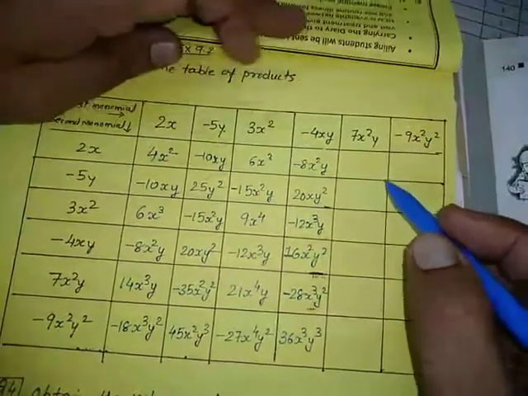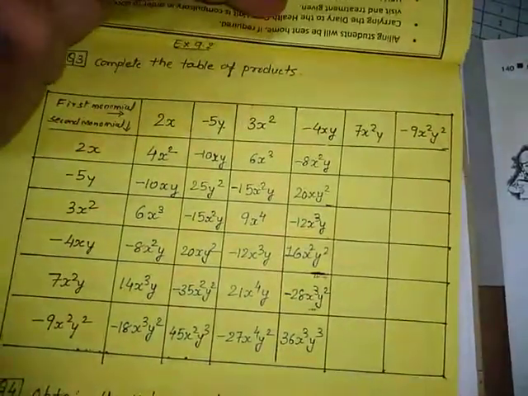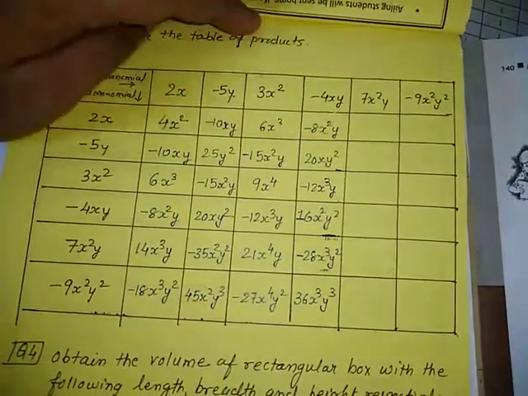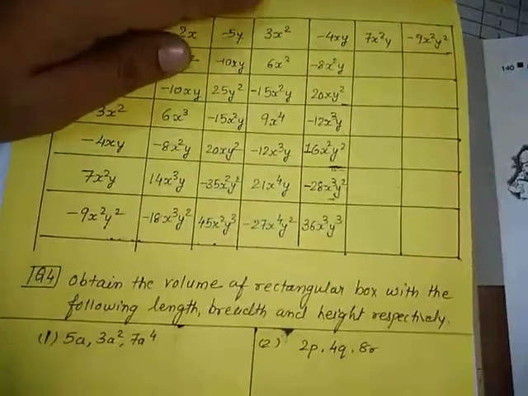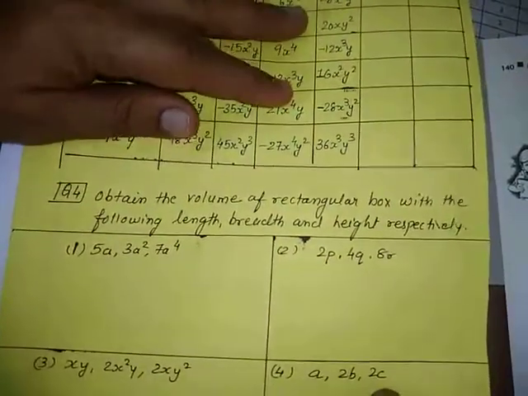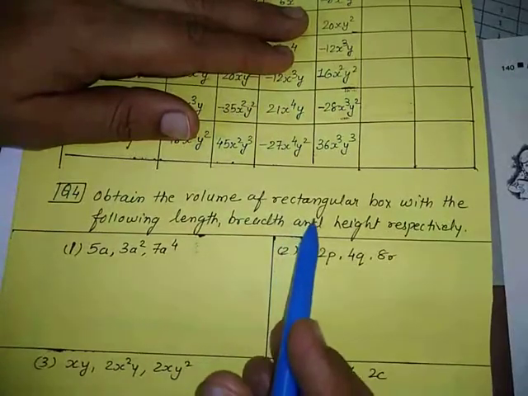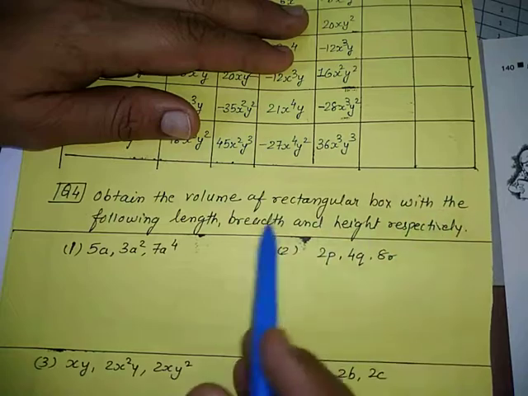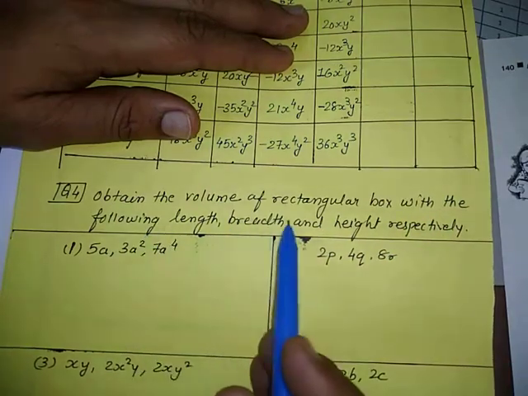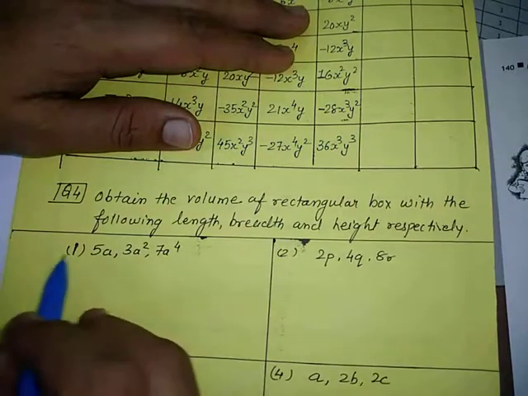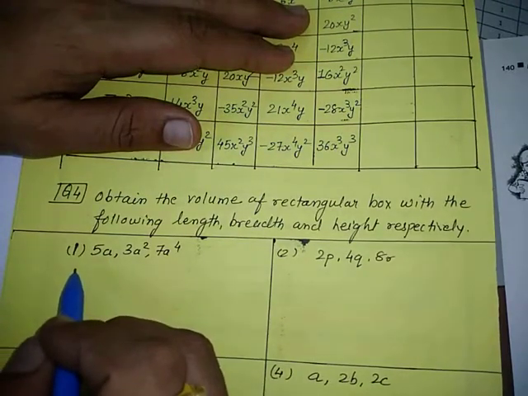Same way you can fill up these two columns also on your own as practice. Clear? So this is left for you for practice. Now question number 4. Obtain the volume of rectangular box with the following length, breadth and height respectively. So volume of a box means we know that it is length multiplied by breadth multiplied by height.